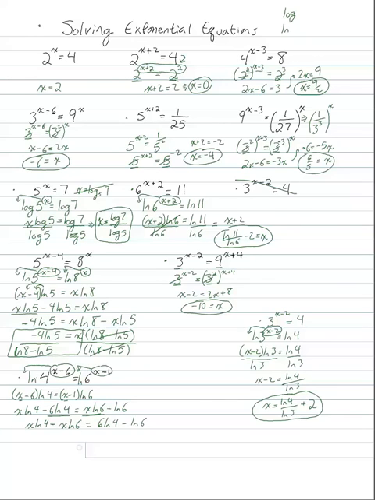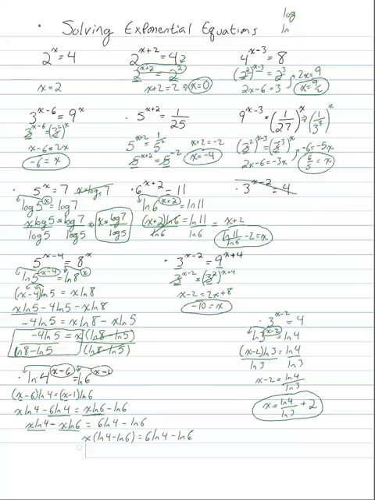Okay, so again, I can't combine these x terms, so I'm going to factor. I'm going to get x times natural log of 4 minus natural log of 6 equals 6 natural log of 4 minus natural log of 6.